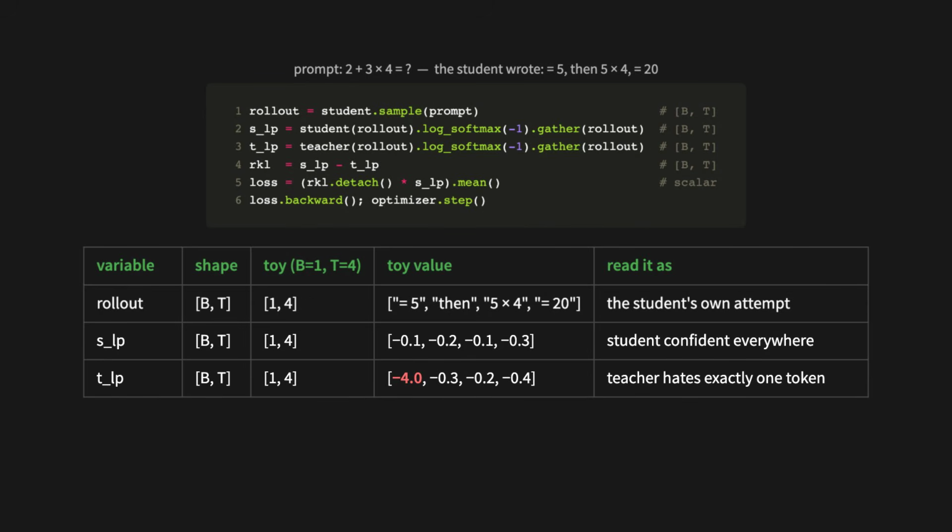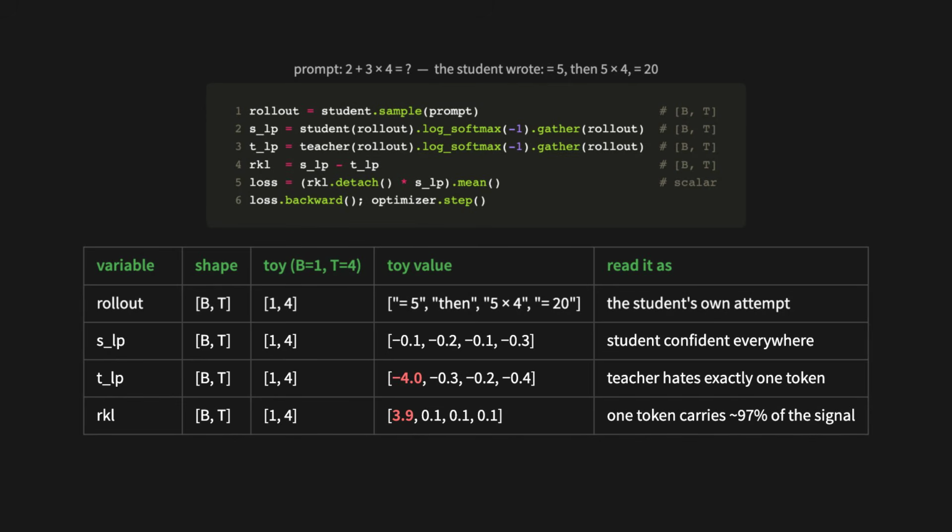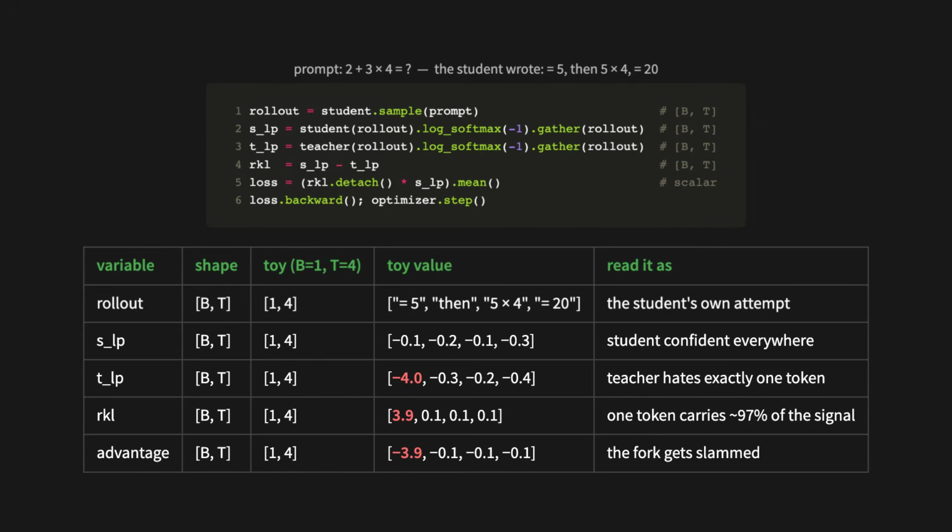The third row is the teacher's, and they're mild everywhere except one spot, -4 on the equals 5. The teacher hates exactly 1 token. Subtract them and you get the fourth row, the grades: 3.9 on the fork and 0.1 everywhere else. 1 token carries about 97% of the signal. Flip the sign for the last row, the advantage, and the fork gets slammed at -3.9.